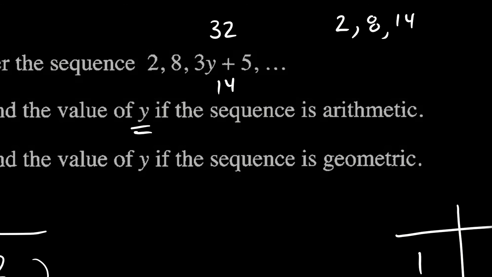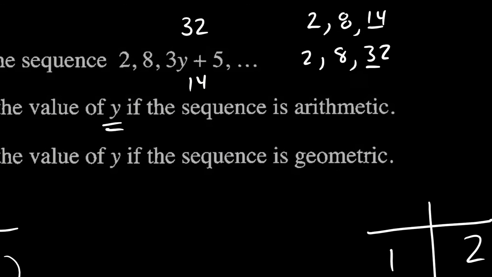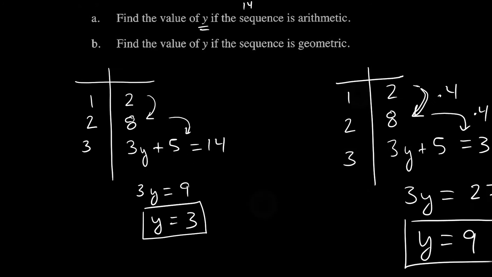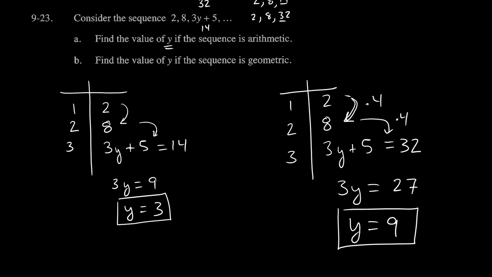If it was geometric, it would be 2, 8, and then 32. And using these numbers, I was able to figure out what y was. So there we go. y is 3 in the case of an arithmetic sequence, and y would be 9 in the case of a geometric sequence.